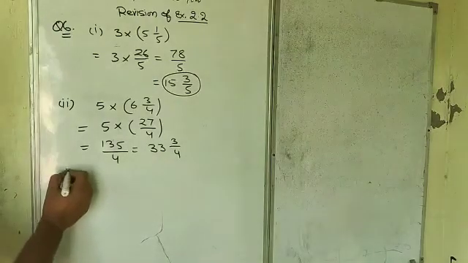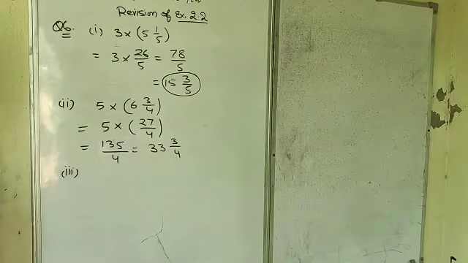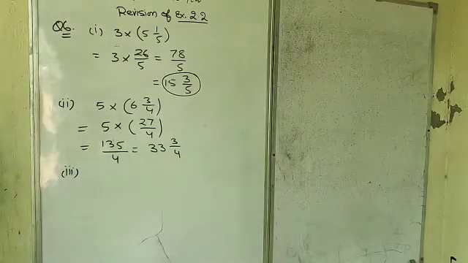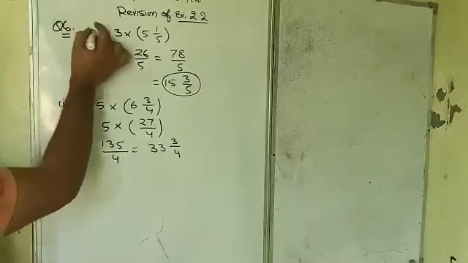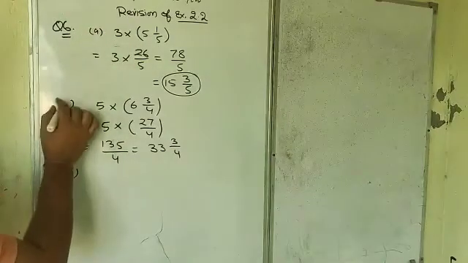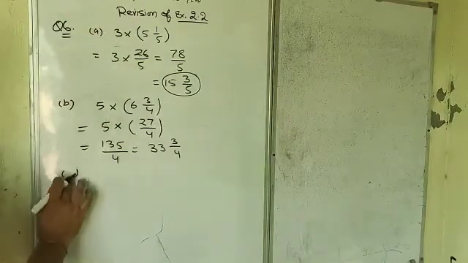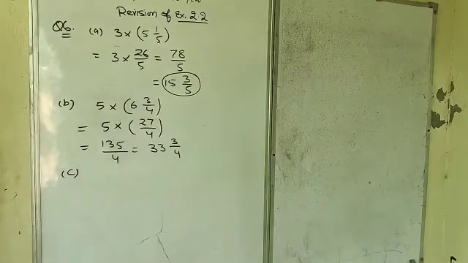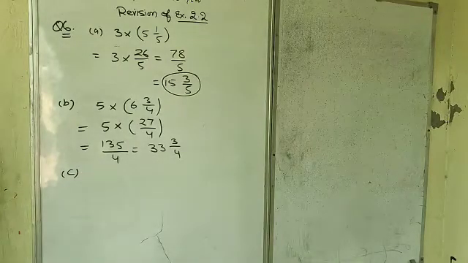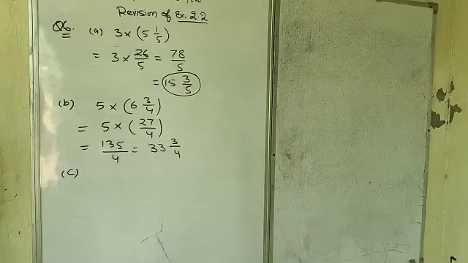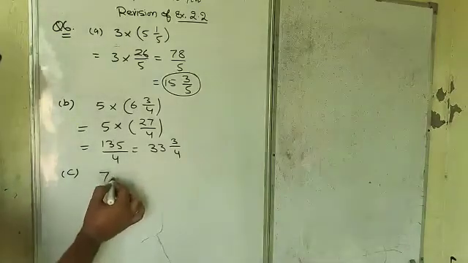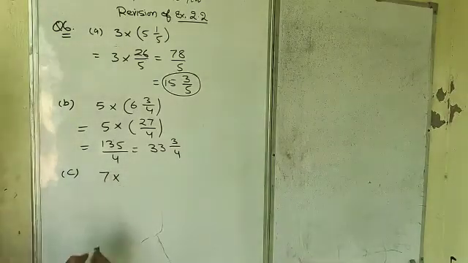Now next third part, part number C. 7 is multiplied to 2 is to 1 by 4.